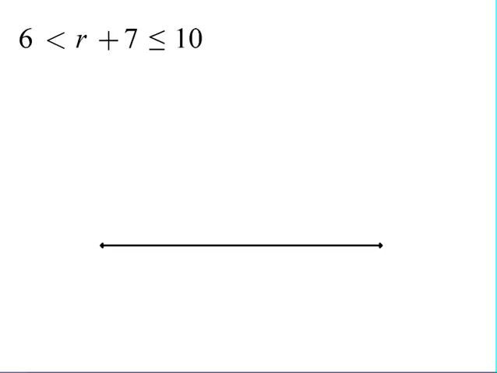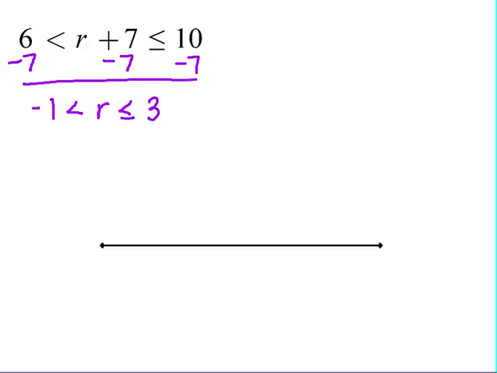What are you going to do? Subtract 7, and I'm going to subtract 7 on both the left and the right as well. Because remember, our whole goal is to get r alone. On the left, what do you get? Is less than, or equal to 3. So I can see my key points are -1 and +3.